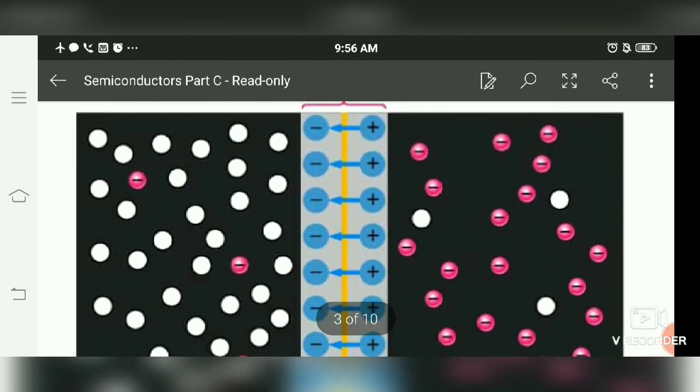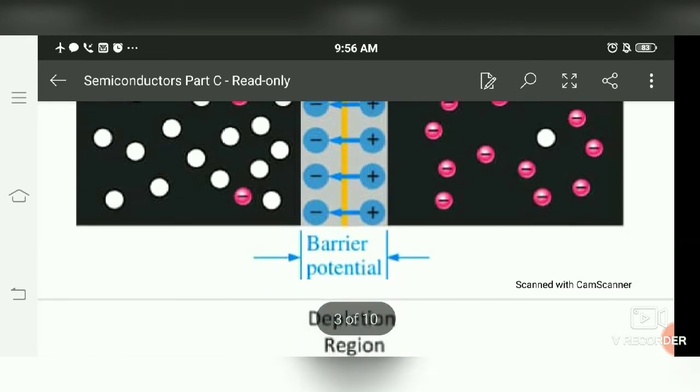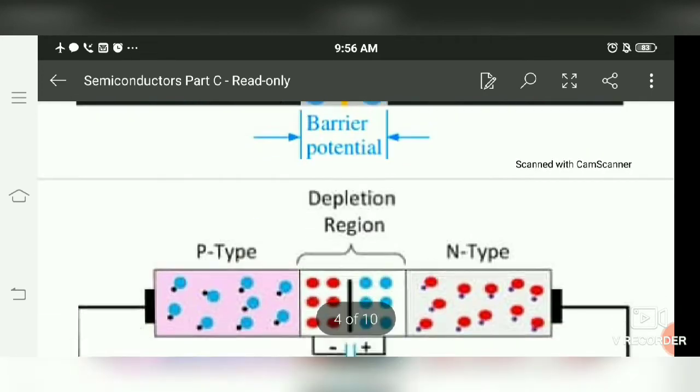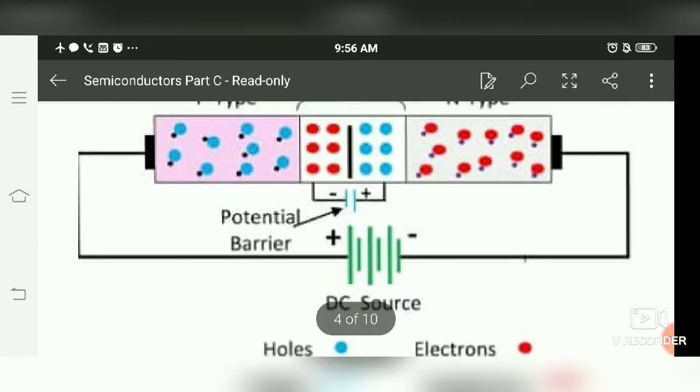This region is devoid of charges, and the positive and negative charges are immobile. They can't move, so this forms a barrier, called the potential barrier or depletion region.